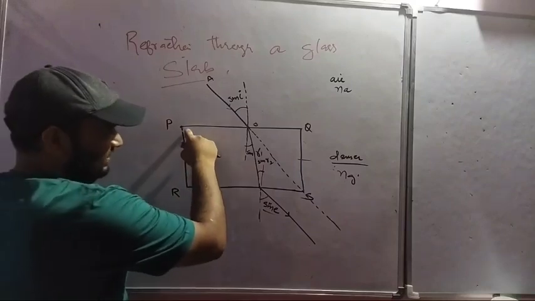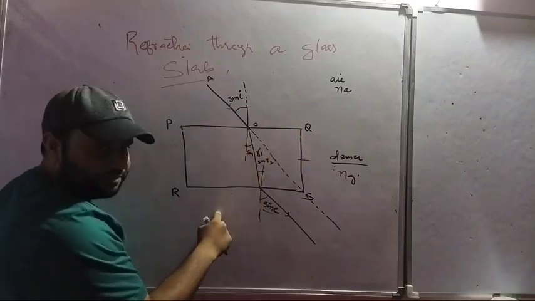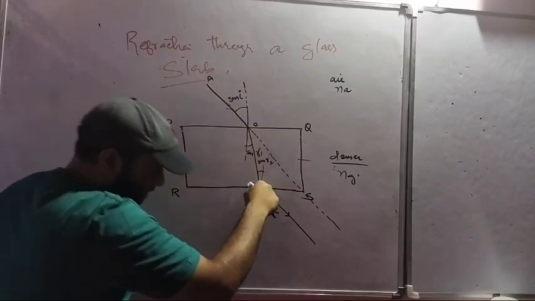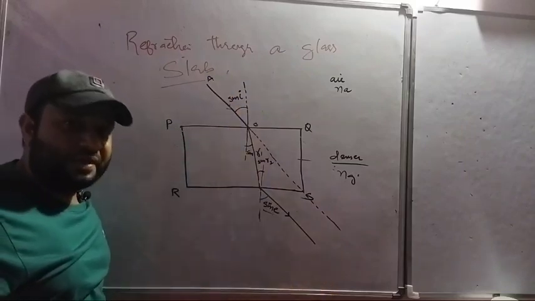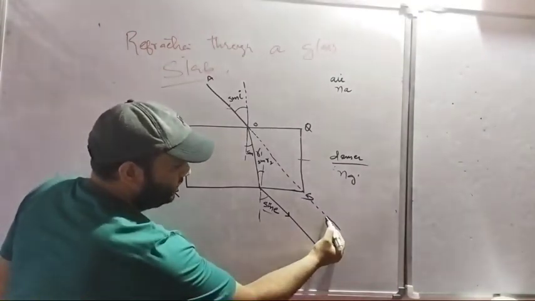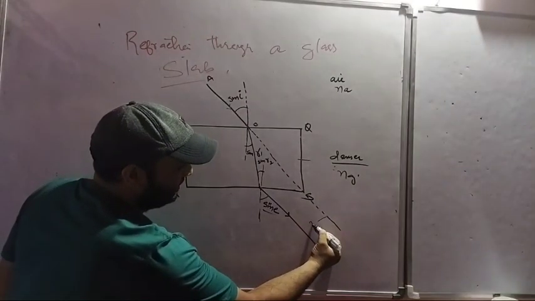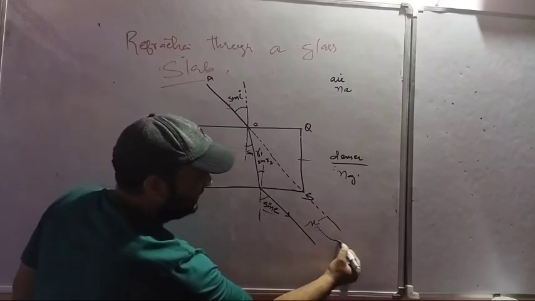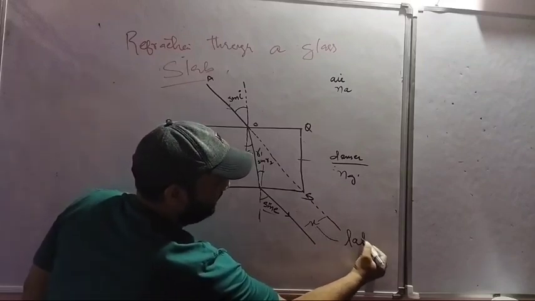Shabash. Since this is parallel, this and this is parallel, and now this incident ray is parallel to the emergent ray, and there is a distance. Let us denote it by x, and this is called as lateral shift.